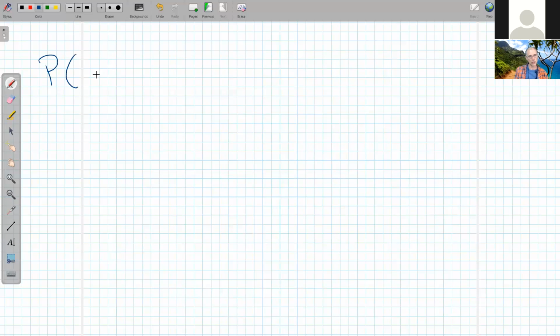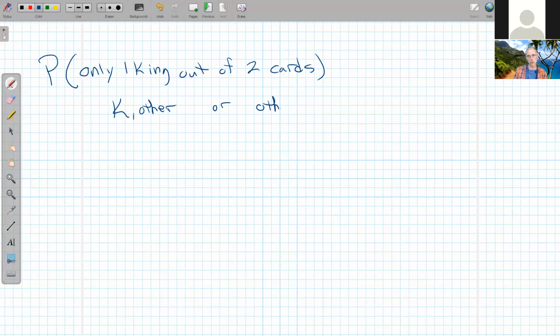So probability, only or exactly 1 king out of 2 cards. To answer that, I have to have some kind of tree or some kind of analysis that shows me the different possibilities. And the possibilities here, either I have a king and something else, so a king comma other could have happened, or I could have gotten some other card followed by a king.